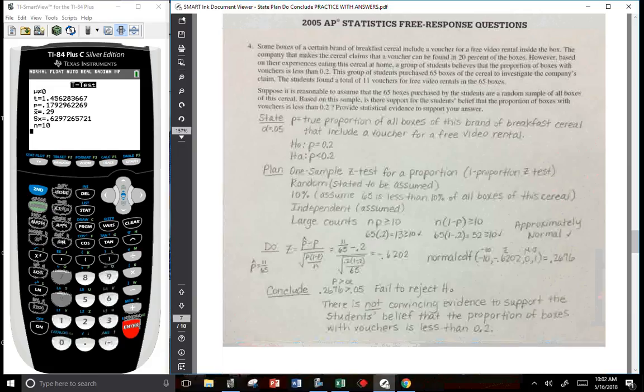So I'm not going to use 11 over 65, I'm going to use 0.2. Y'all follow what I'm saying? P hat for a confidence interval if you're doing NP and N(1 minus P), but P for testing. Okay? So that's what I did here. It did work, so I didn't have to graph it.